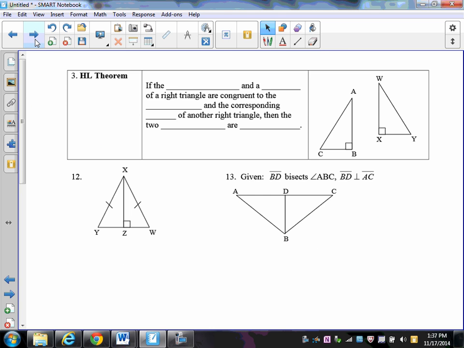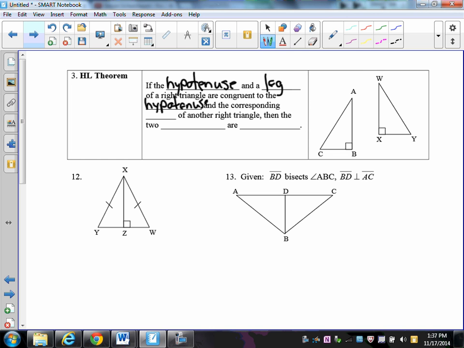Let's hit our last objective, which is to talk about the hypotenuse leg theorem. This says if the hypotenuse and a leg of a right triangle are congruent to the hypotenuse and the corresponding leg of another right triangle, then the two triangles are congruent.